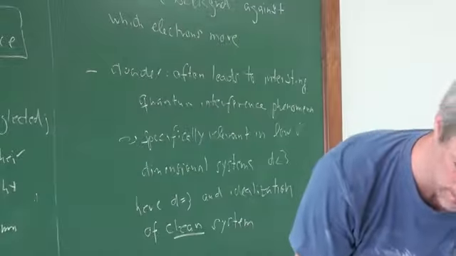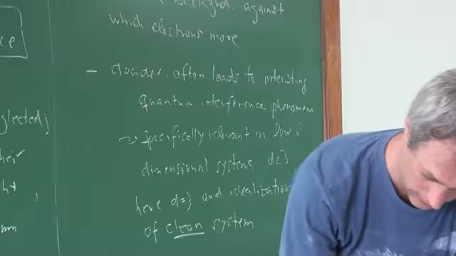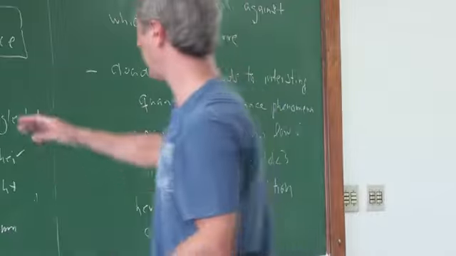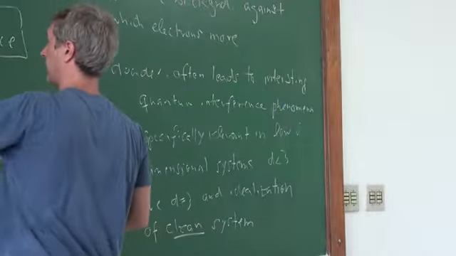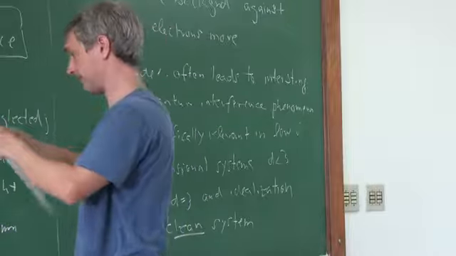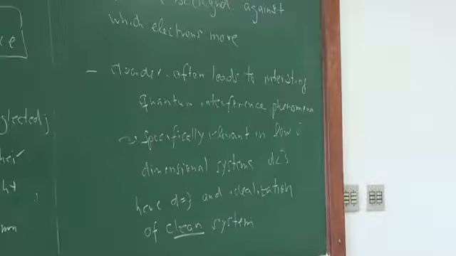Okay, so this is some kind of motivation why, for the moment, we forget about this and this. And if we do this, we arrive at the notion of the clean electron gas, which is described by a Hamiltonian.